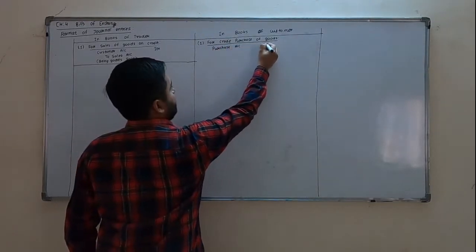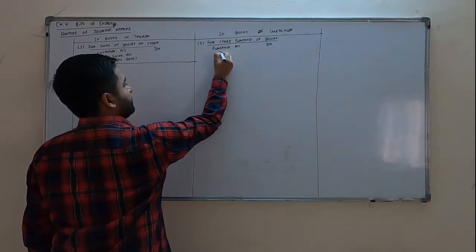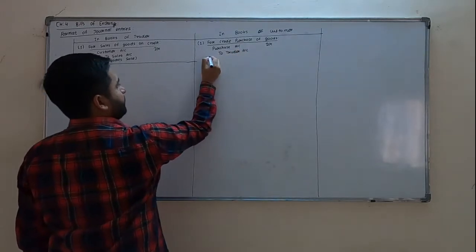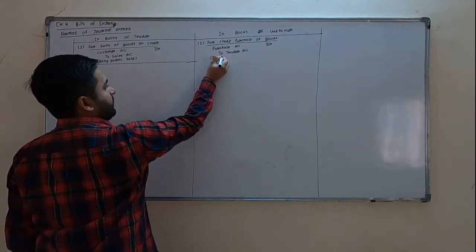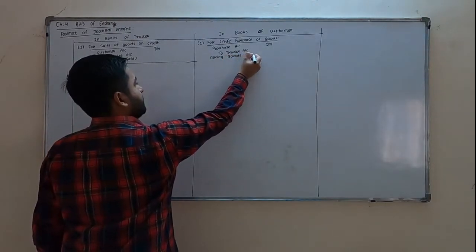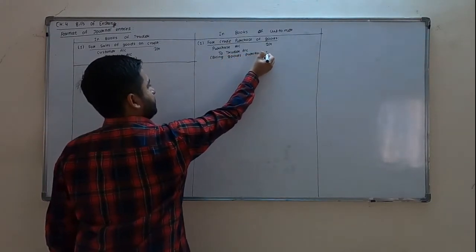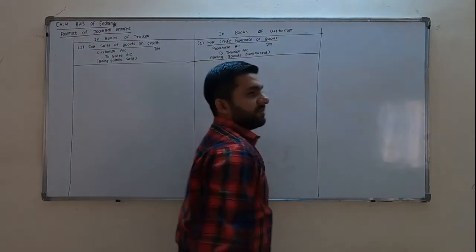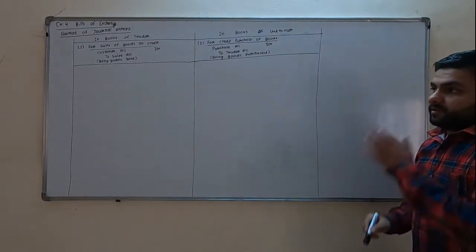So purchase account debit and trader is the giver. So to trader account. Being goods purchased. So we have written the first entry in the books of both.